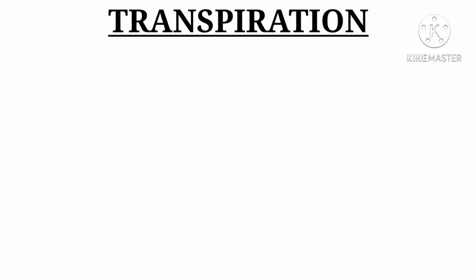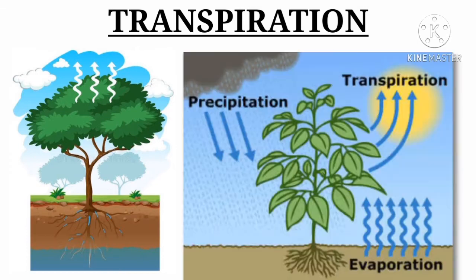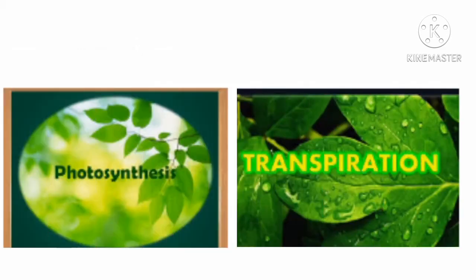Okay children, now let us study what is transpiration. Leaves give out excess water in the form of vapor. This process is known as transpiration. Now, let us study photosynthesis and transpiration in detail.